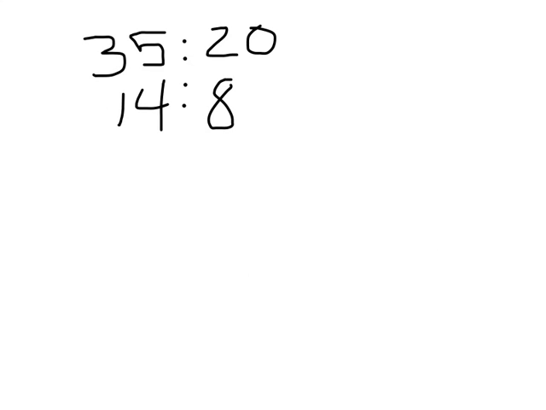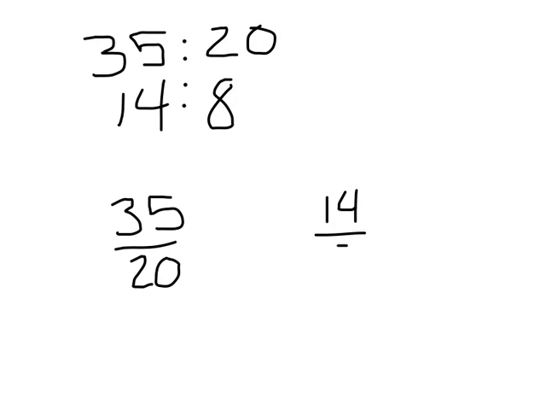Let's look at another example. 35 to 20 and 14 to 8. Remember, to simplify a number, I would divide by the greatest common factor between 35 and 20. What should I divide by? What's the greatest common factor? It's 5. 35 divided by 5 is 7. 20 divided by 5 is 4.